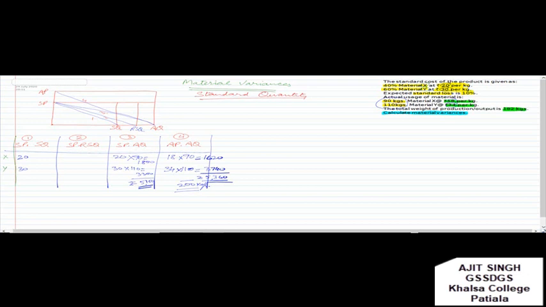In this problem, we are given that the output is 182 kgs. Standard quantity can be calculated from the output. It is to be calculated as output into 100 divided by 100 minus standard loss.